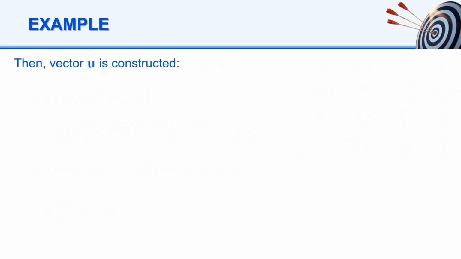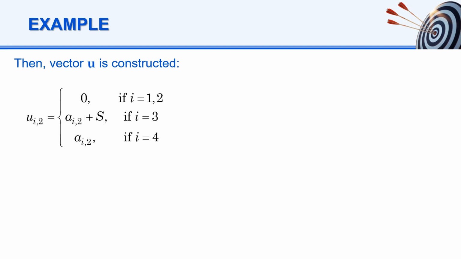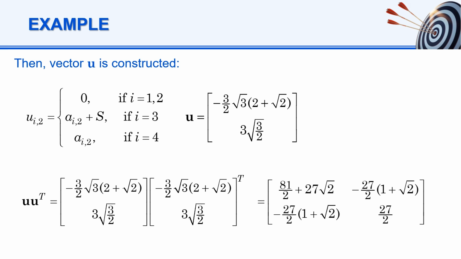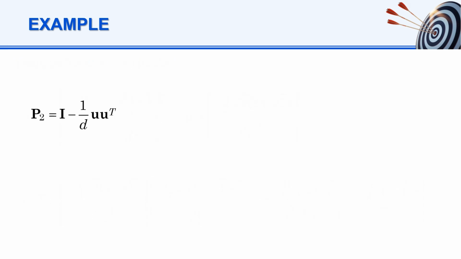The length of the Householder vector U decreases by 1, which leads to the product matrix U U transpose found as follows. Using the currently found D and U U transpose, the Householder matrix P2 is found.